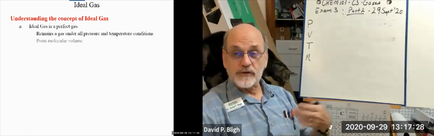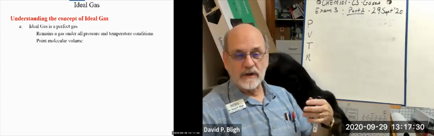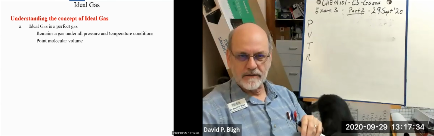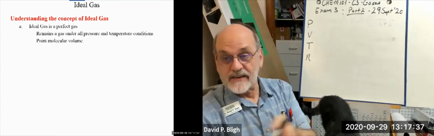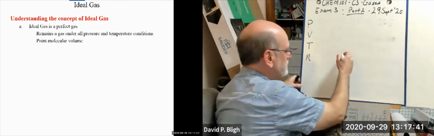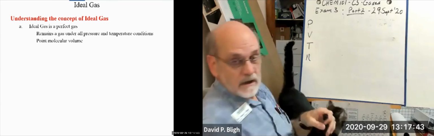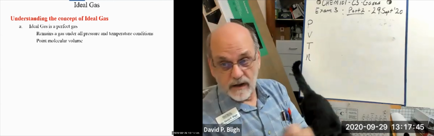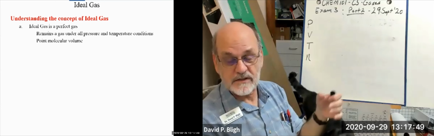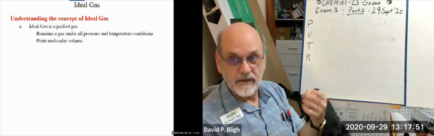So we also have to assume that gases have a point molecular volume. What does that mean? Well, if you remember anything in math classes, you start with a point, and that point has no area, no volume. It's just a point, right? It's our representation of nothing but the point.